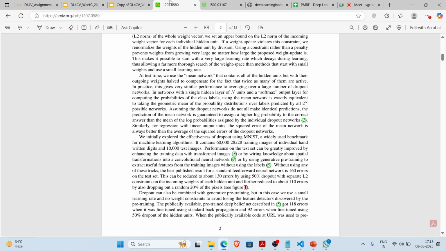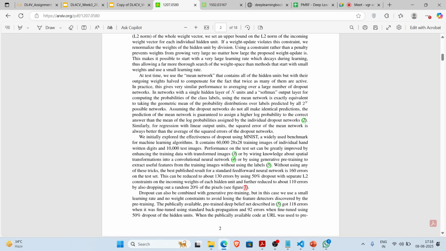You're training on several models and then averaging the output into a new model. And this is also done in a computationally efficient way. That is what the author says here.